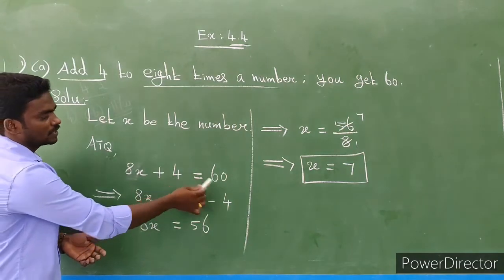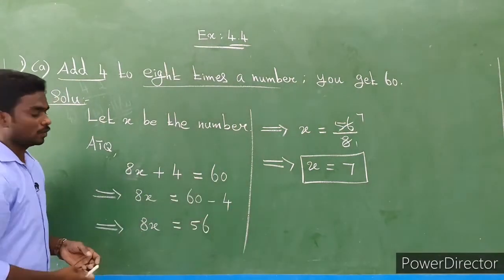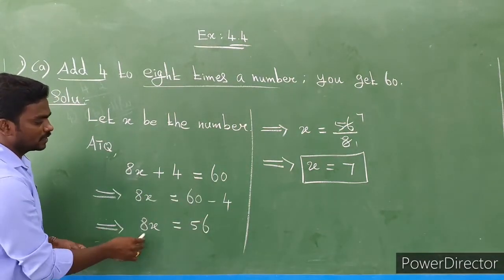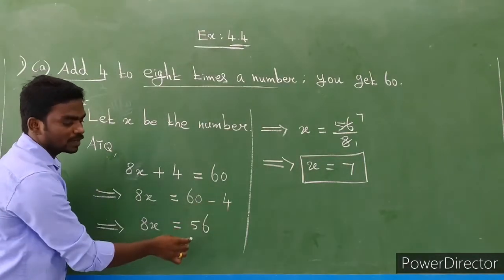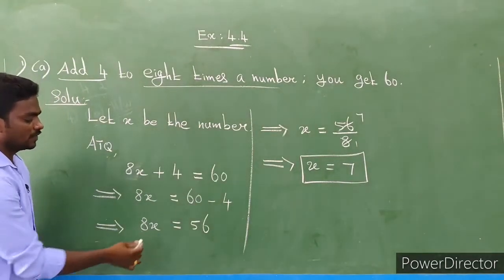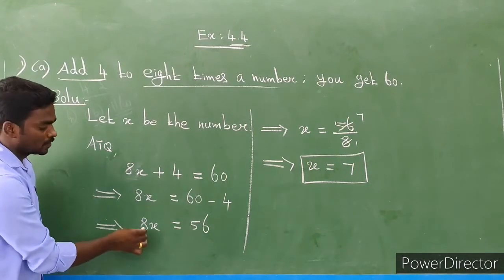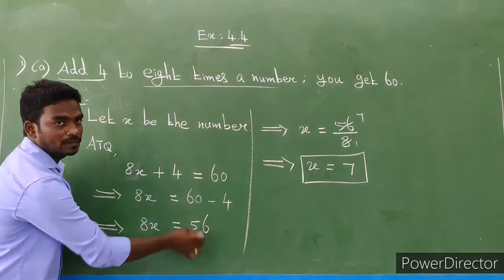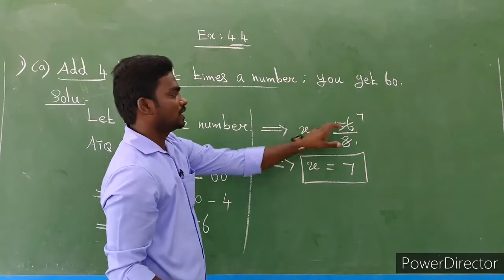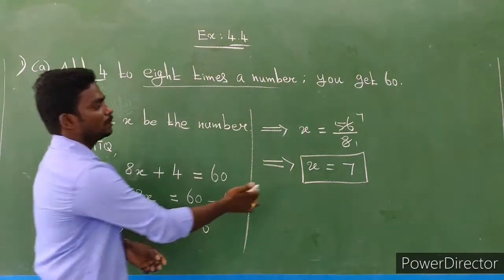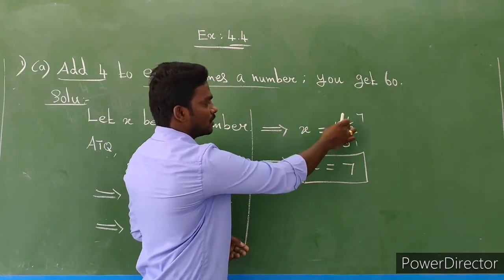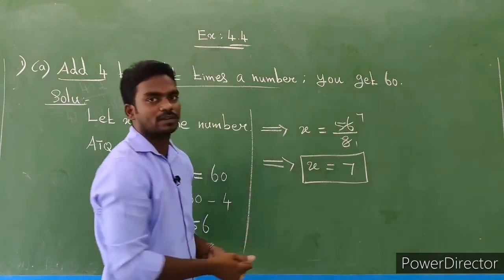This plus 4 is transposed to the right side and becomes minus 4. So 8x is equal to 60 minus 4, which is 56. Next we keep x on the left side. This 8 is transposed to the right side and becomes a division. So x is equal to 56 divided by 8, which is 7.